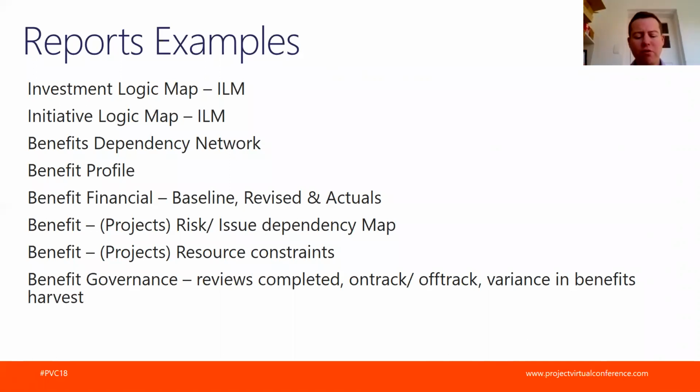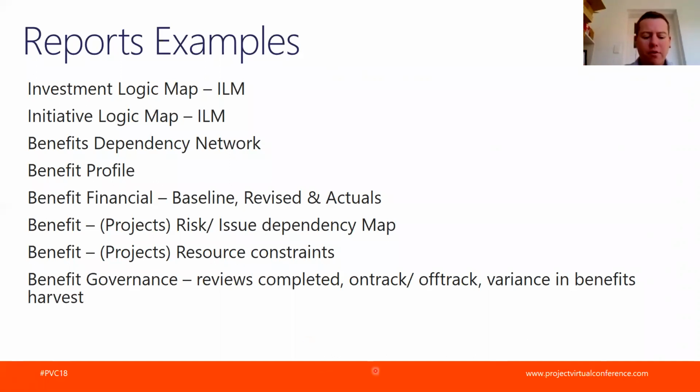What are the resource constraints to get to those benefits? Because obviously, in Project Server or in any project, you have resources assigned to tasks. If you have an issue with a resource, obviously it will also impact the benefit realization. And there are some benefit governance reports as well, showing which ones are on track and off track, and this is a bit of what I will be showing you today.